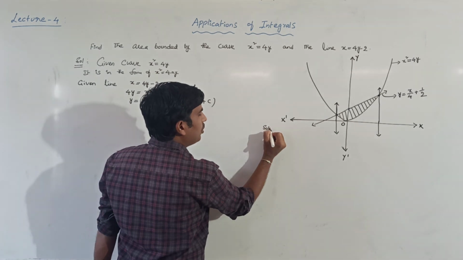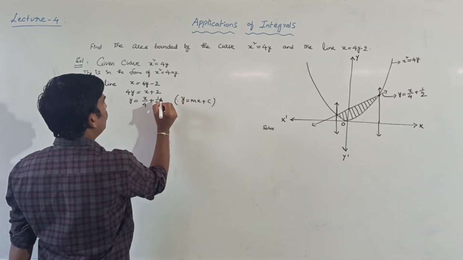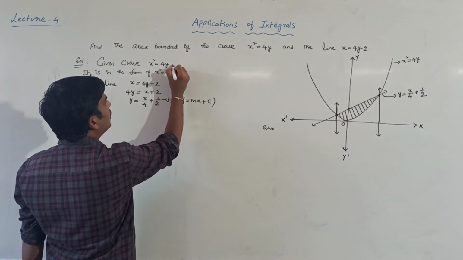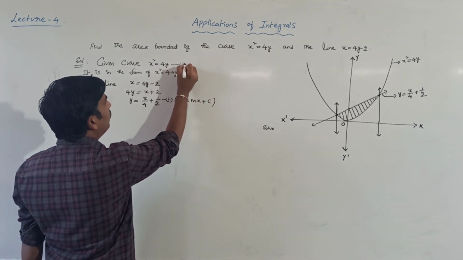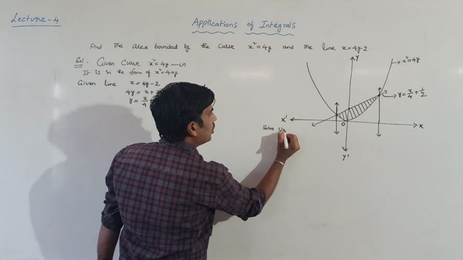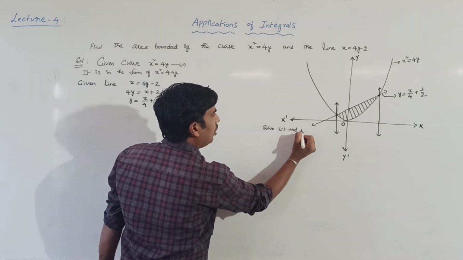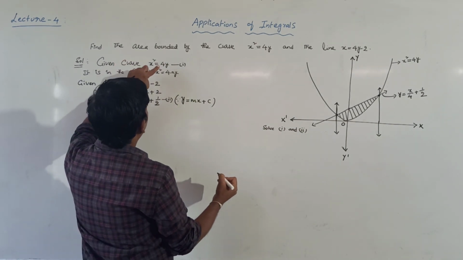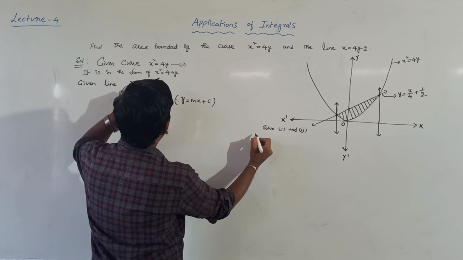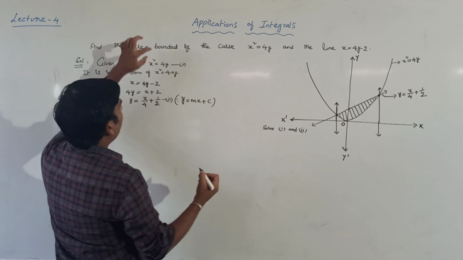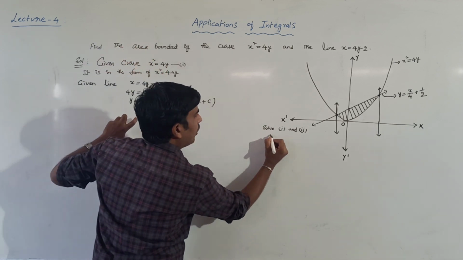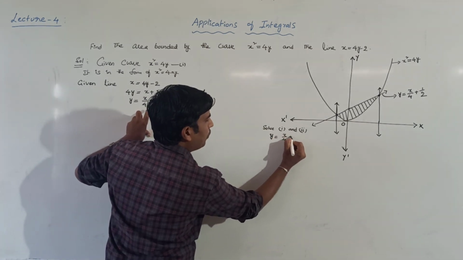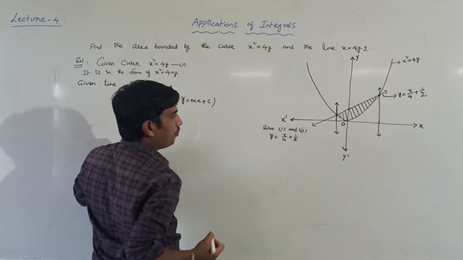Here you write down, solve 1 and 2. This is equation 2, and this one is equation 1. Solve 1 and 2. From here, y is equals to x by 4 plus 1 by 2.